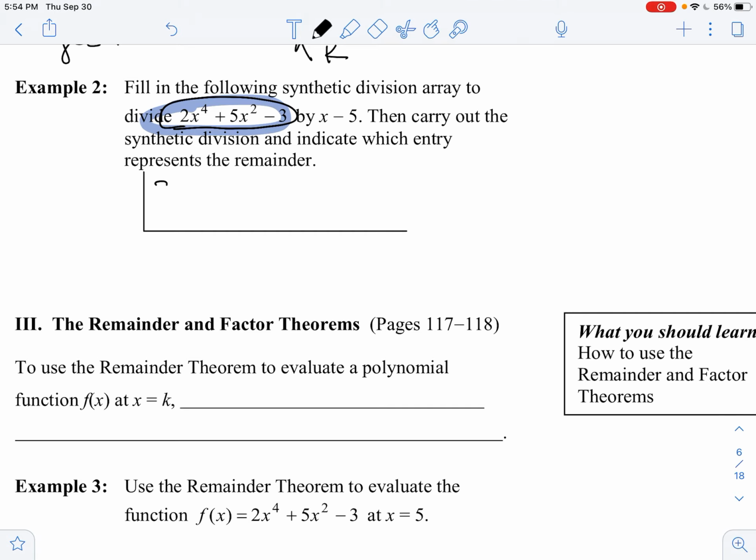When I'm looking at 2x to the 4th plus 5x squared minus 3, are we missing any terms? I don't see an x cubed term, and nothing for x. So we want to make sure we have zeros as placeholders for our missing terms in descending order.